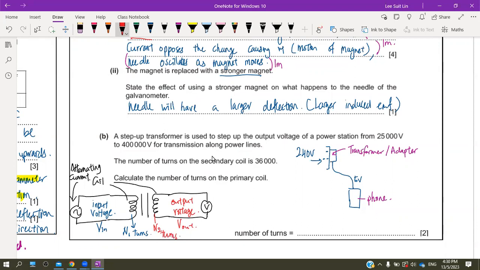So it says here the step-up transformer is used to step up output voltage from a power station of 25,000 volt to 400,000 volt for transmission along the power lines. So my input voltage is 25,000 volt, and my output needs to be stepped up to 400,000 volt.